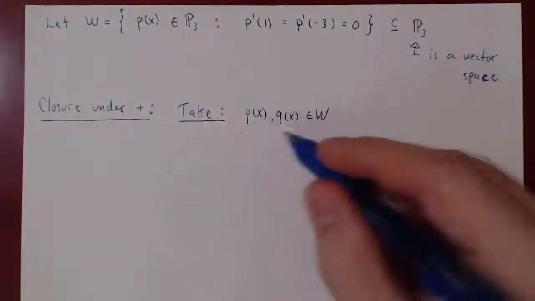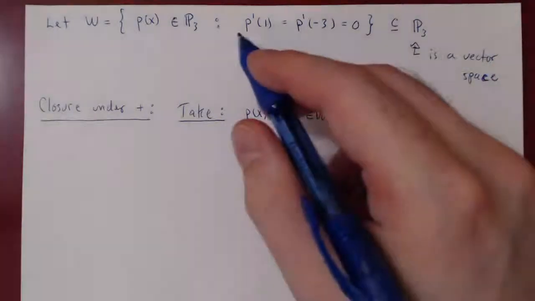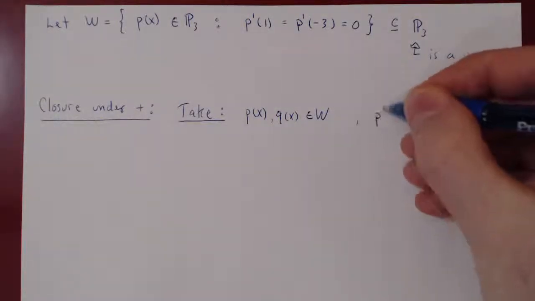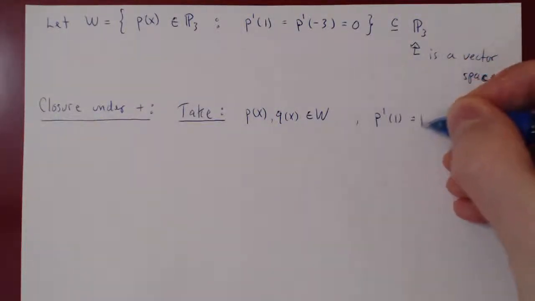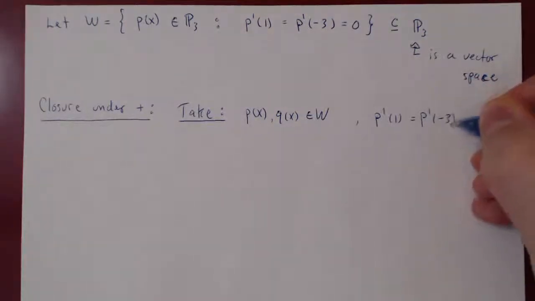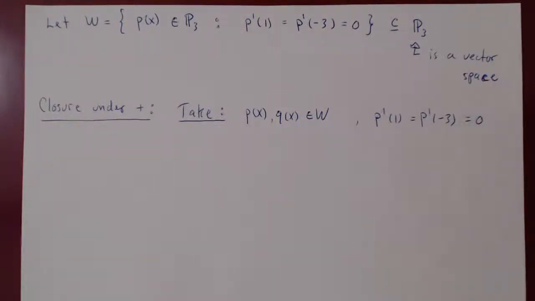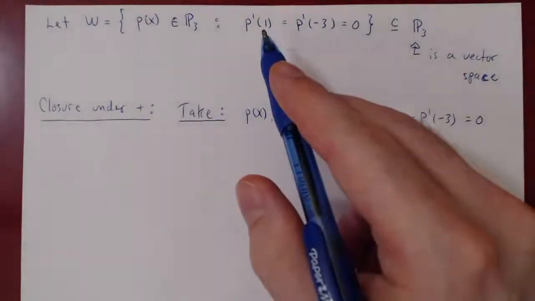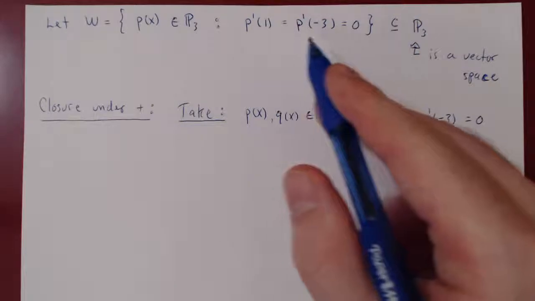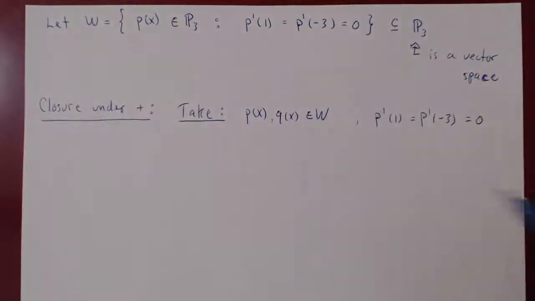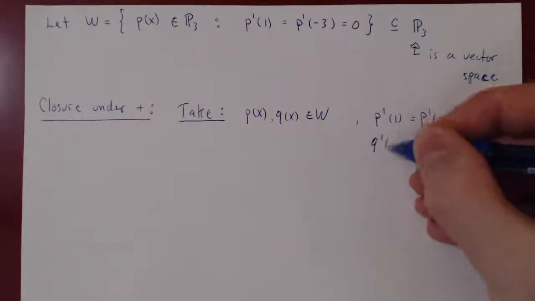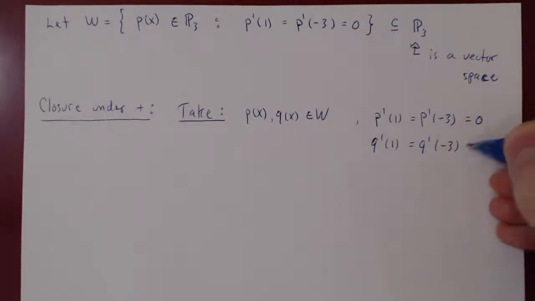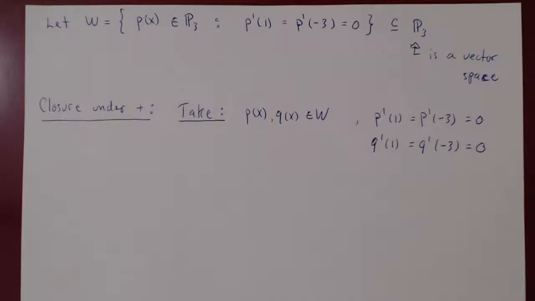And because they are elements of the space, they must satisfy each the given conditions. So we know that the derivative of p at 1 equals the derivative of p at negative 3, which equals 0. And the same is true of q. As q is a polynomial in W, it must also have a derivative at 1 and negative 3 equal to 0. So the derivative of q at 1 equals the derivative of q at negative 3, which is equal to 0.